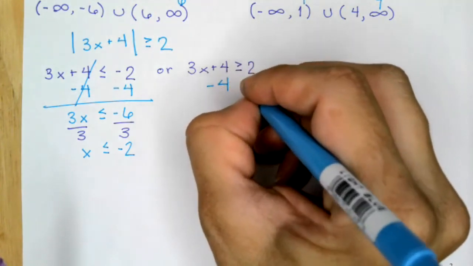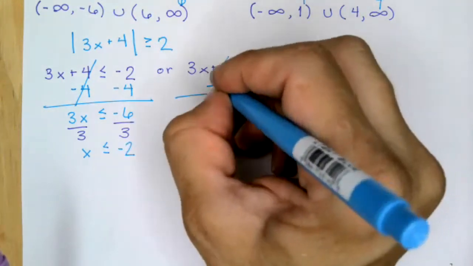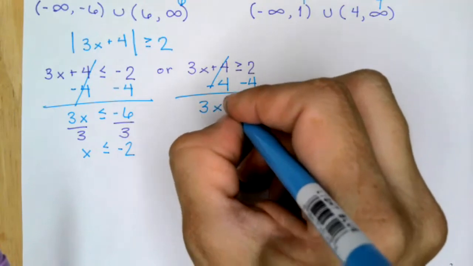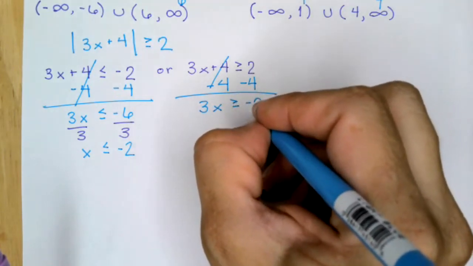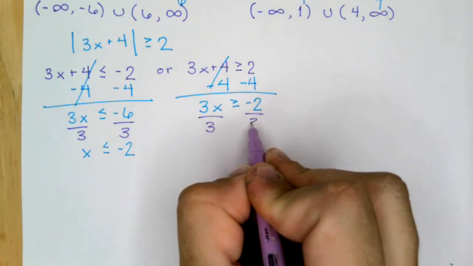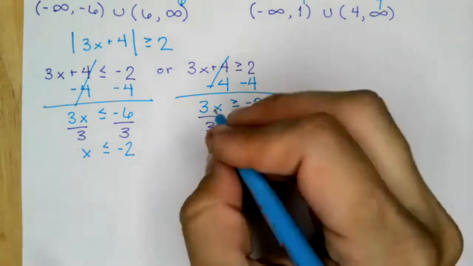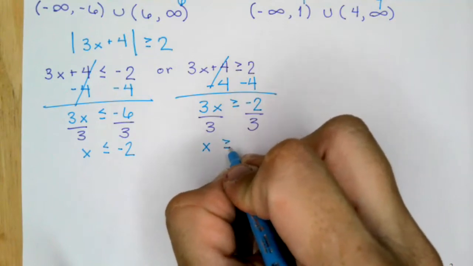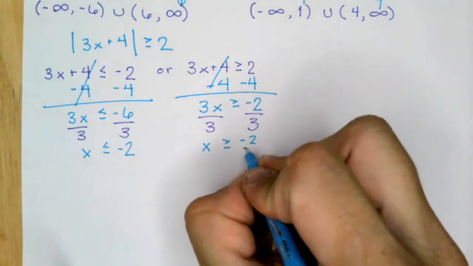Subtract 4, subtract 4. 3x greater than or equal to -2. Same division by 3, but we're just going to leave it as x is greater than or equal to -2/3.